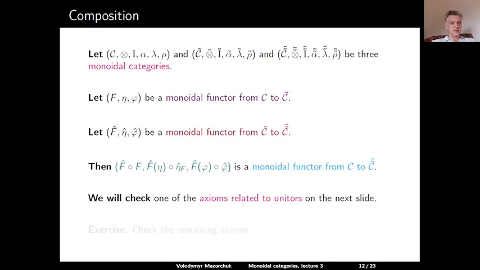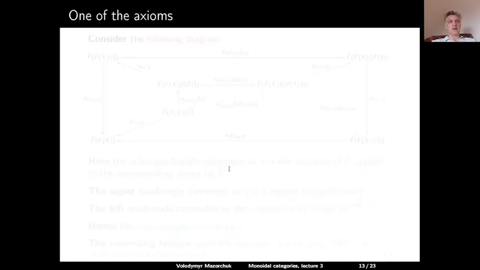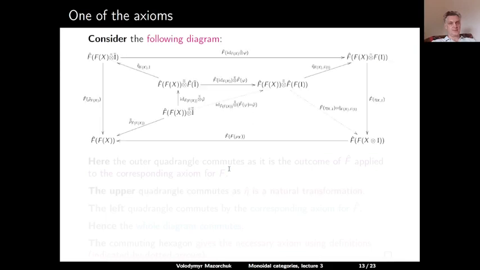So let us check that this tuple satisfies all the axioms of the monoidal functor. In fact, we will check one of the axioms related to one unitor, and the remaining axioms will be an exercise. So consider the following diagram. We take an object x in category C, and we consider the corresponding unitor diagram.